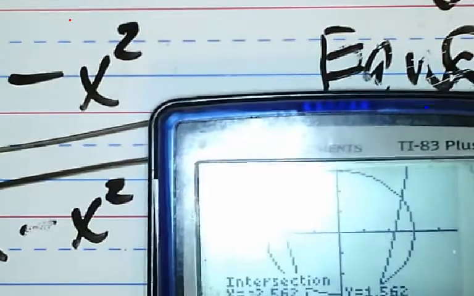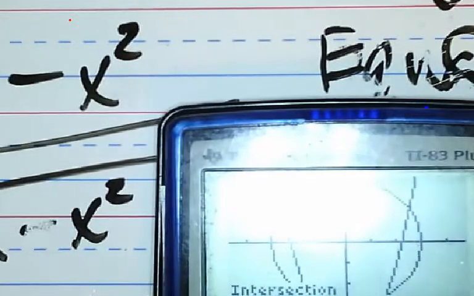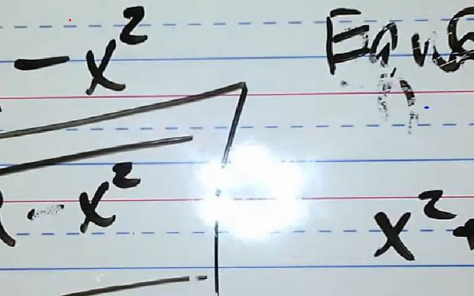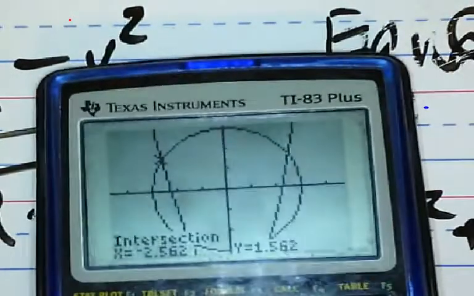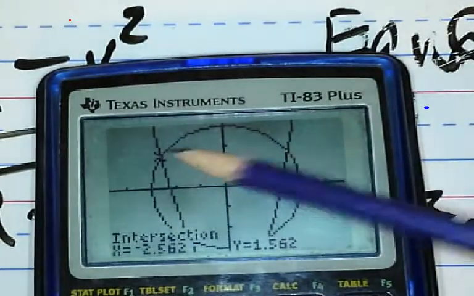So what is the top left answer? Well, according to this, it's negative 2.562, 1.562. So one of my answers is negative 2.562, comma 1.562. Now, what that means for you is I will be willing to bet that this one is the same place.